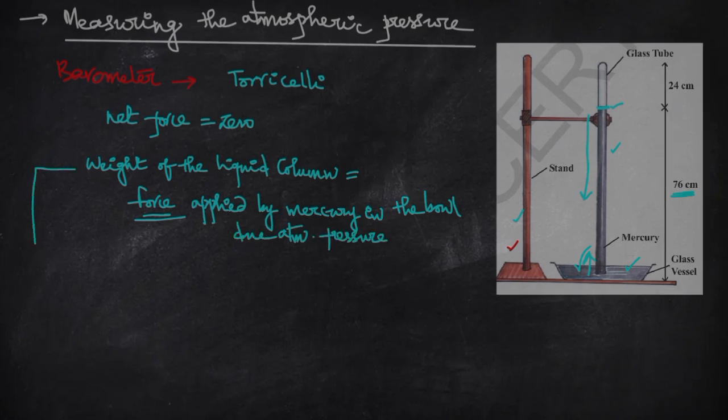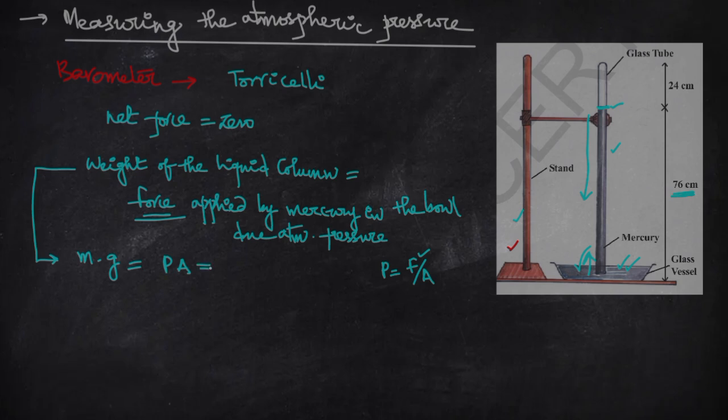Now the weight of the liquid column, mass of mercury into g, is equal to force applied by this mercury due to atmospheric pressure, which is equal to PA. Why? Because atmospheric pressure is force per area. From this I can write force is equal to P into A. Here let us consider the pressure as atmospheric pressure.